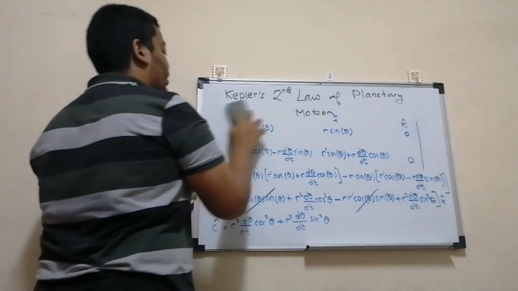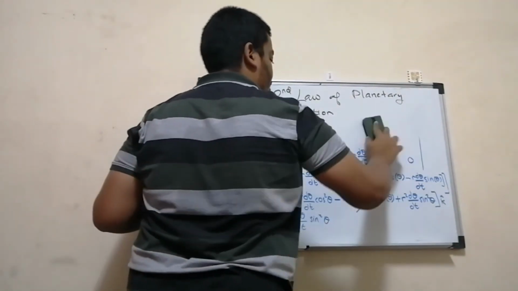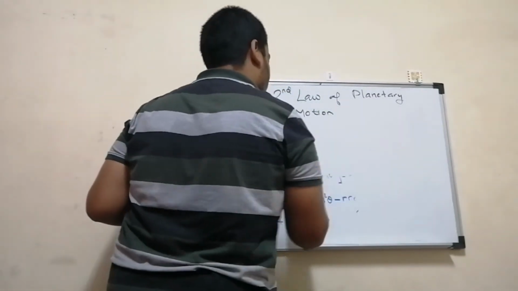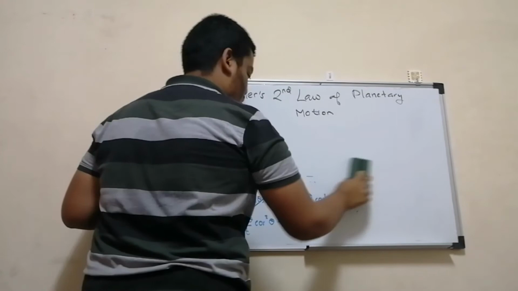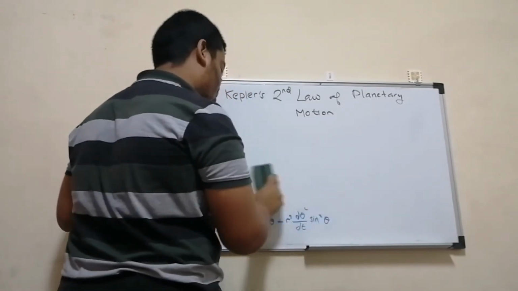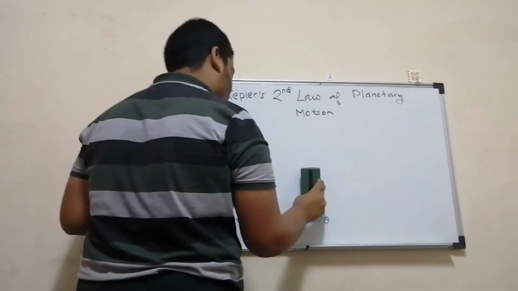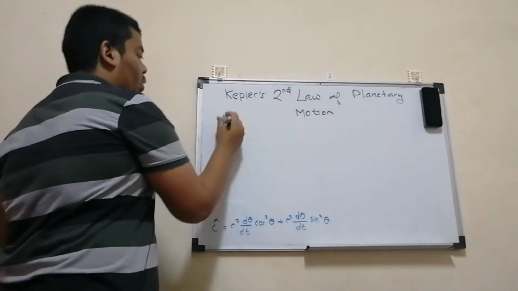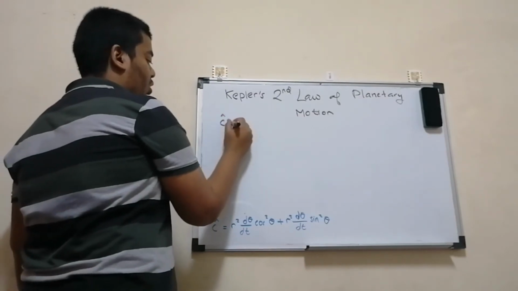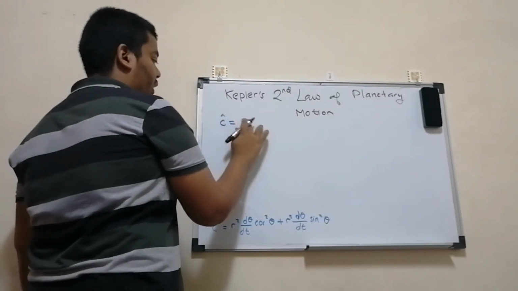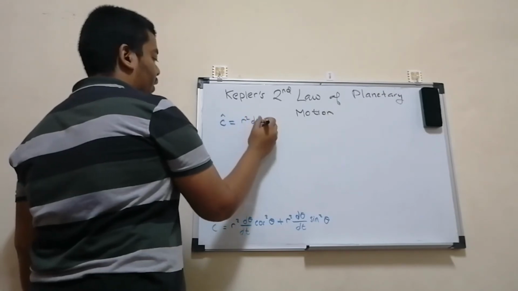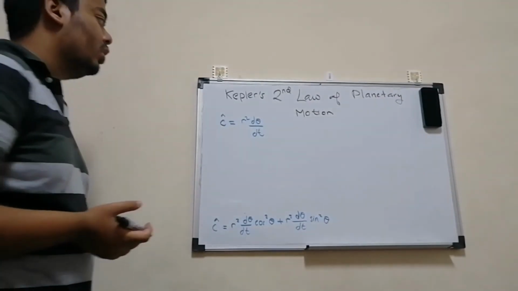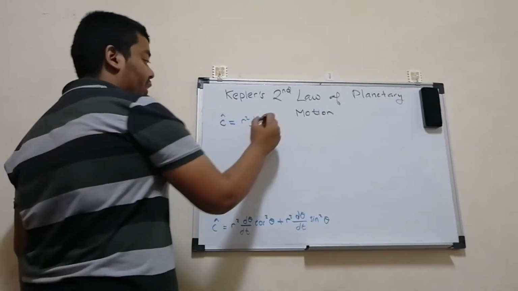Based on this, I'll continue my simplification. Yes, we can simplify it further. How do we do that? We'll take r squared d theta over dt as common, and we'll take it outside.